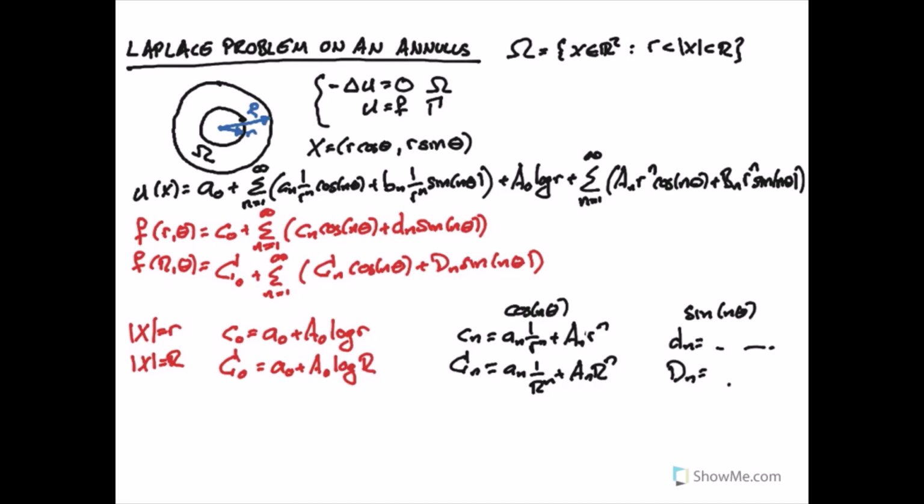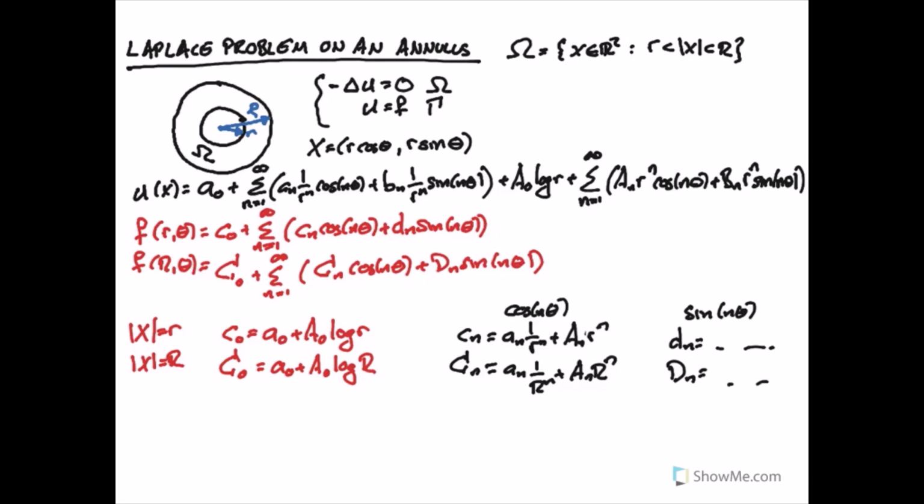So you get some stuff here. Basically you just match terms, and we see that in general all of the coefficients in the general solution are necessary, because we have one Fourier expansion on the inner circle and one on the outer circle.